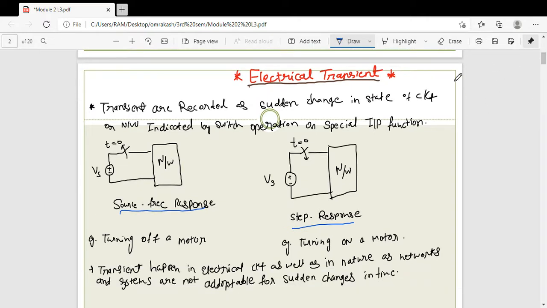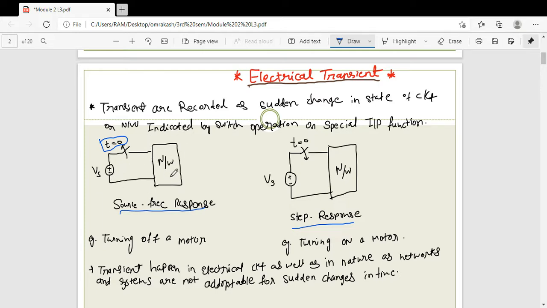So we will see one type of circuit is given. Here the switch is open at t equal to 0 instant of time. That means before this switching operation, the active source is connected to this network, but at t equal to 0 this switch is opened, meaning the active source is removed from the whole circuit.